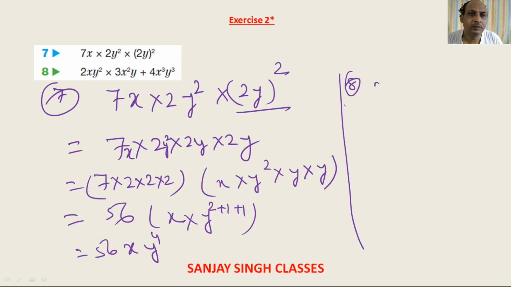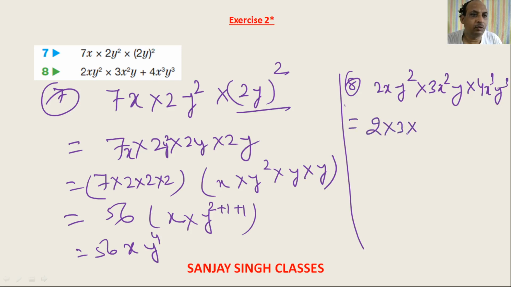Eight, 2xy square into 3x square y into 4x cube y cube. So this is 2 into 3 into 4, and then xy square into x square y into x cube y cube.